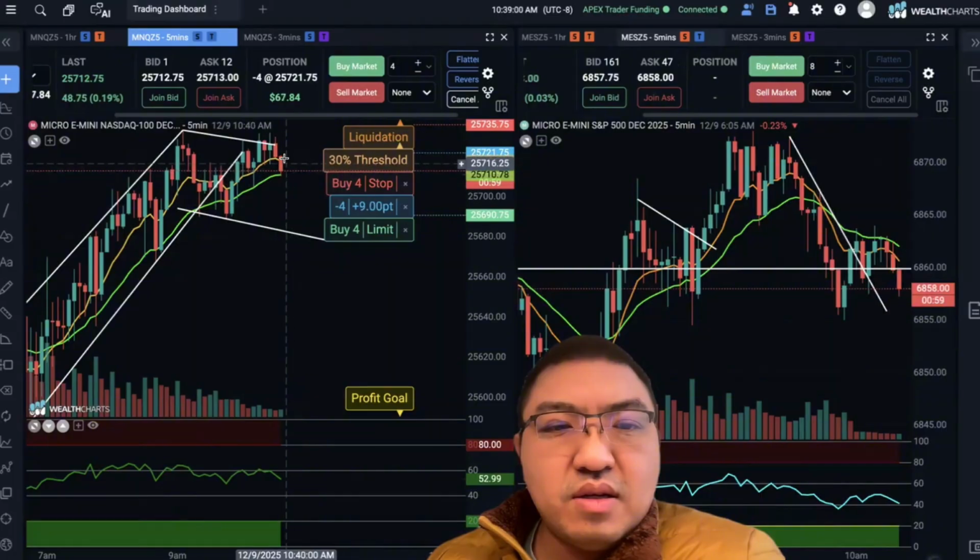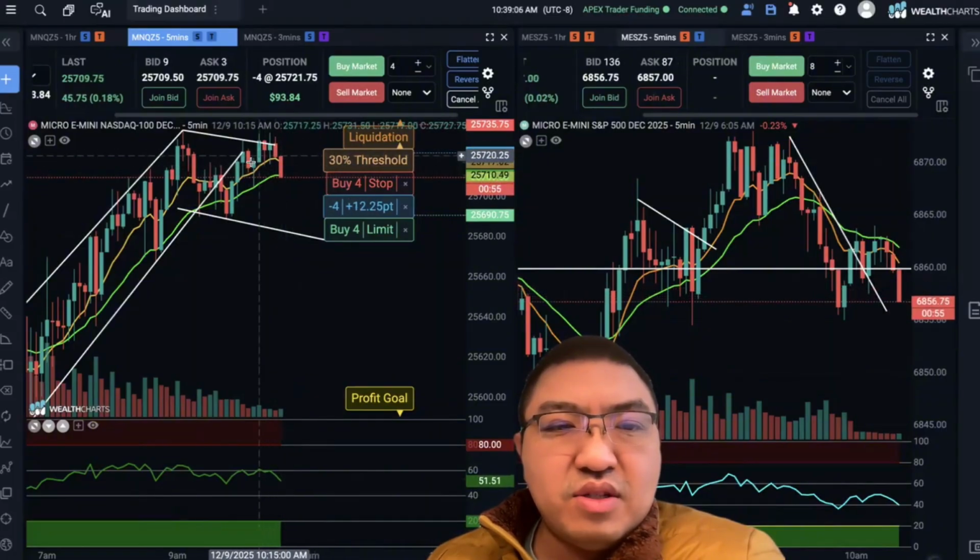Okay, so far the downward candle has already covered these two, so it breaks out this area.